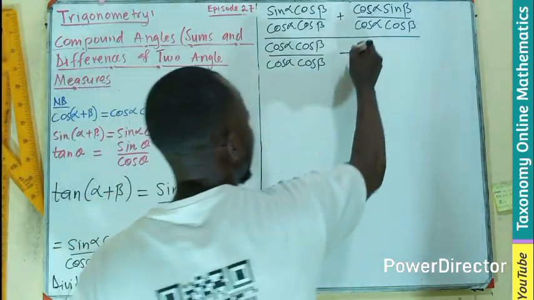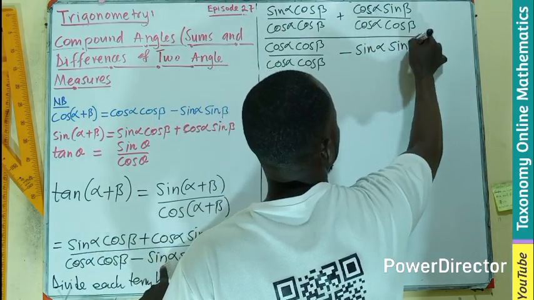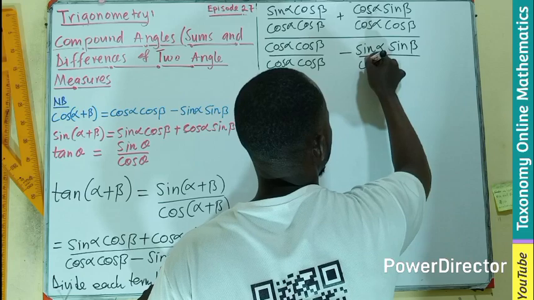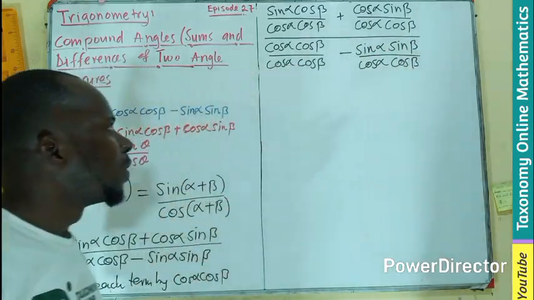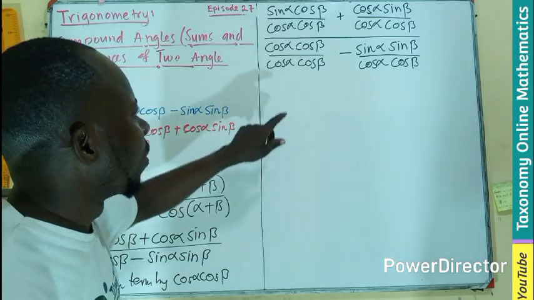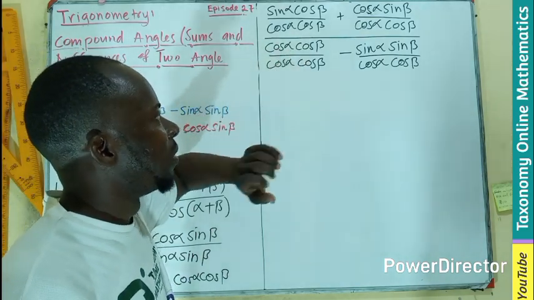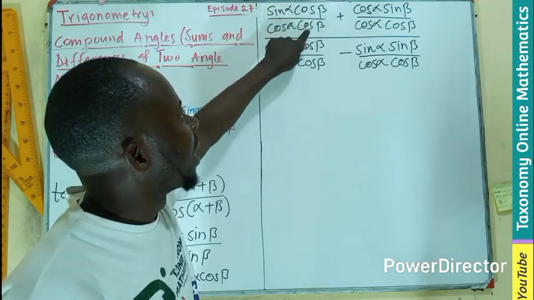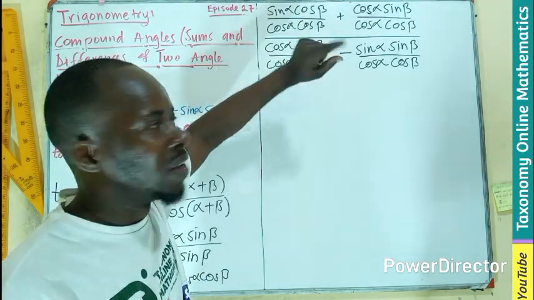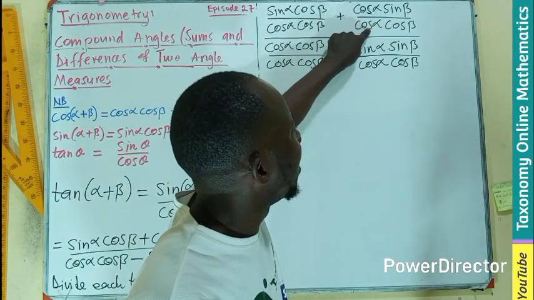minus sine alpha sine beta over cos alpha cos beta. So what do we do? In the case of this, I see cos alpha, the same thing, so it can cancel. I can see cos beta, they are multiplying, so it can cancel. I see cos alpha there, it can also cancel.